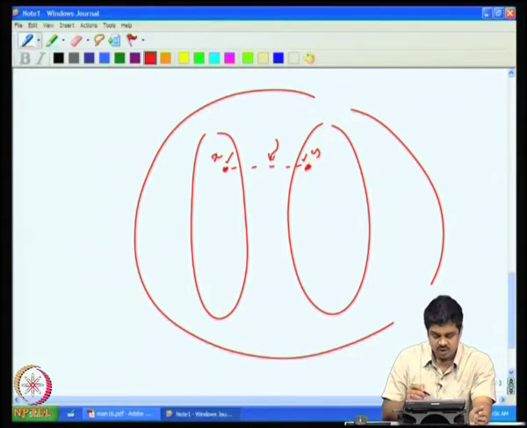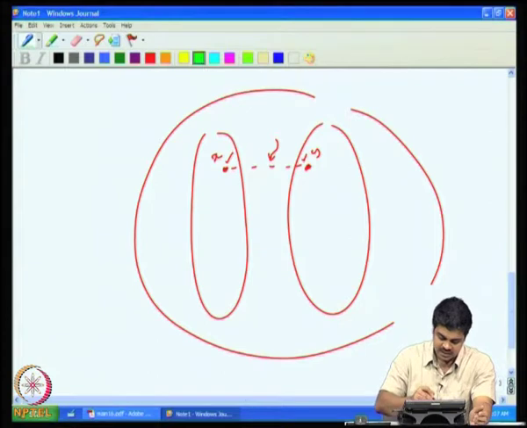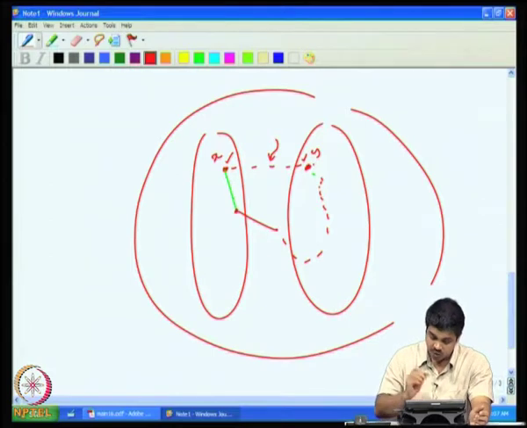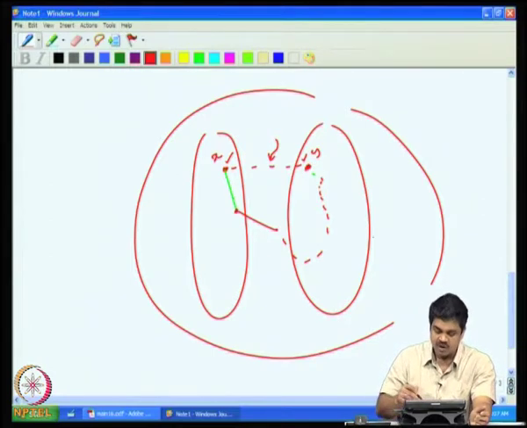If there is no common missing color, we just took a missing color of x and a missing color of y. That means the missing color of y will be present at x. Say green is missing here, then green will be present at x, and suppose red is missing at x. So, we can keep track of the green, red path, and we argued that it cannot come up to y, because otherwise it will form an odd cycle, which is not there in a bipartite graph.